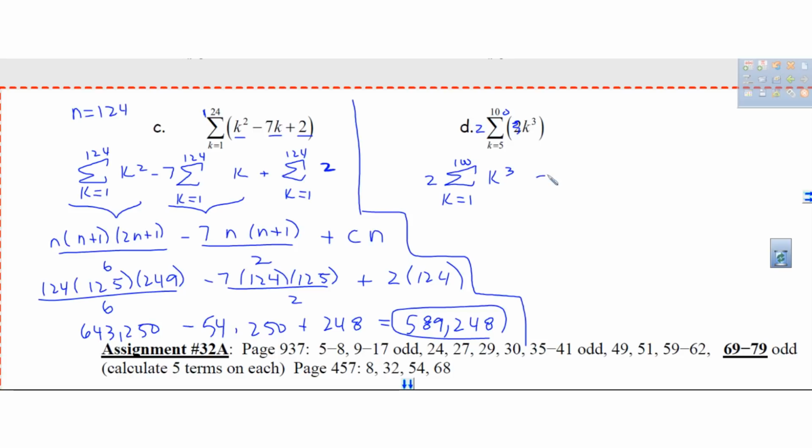So now I'm going to subtract the summation of k equals 1 to k equals, what's the last one I subtract? If I want to start at 5, go to 4. Don't subtract out 5 because 5 needs to be there, of k to the third. So I did all of 1 through 100, and then I took out the 1 through 4s. That's going to give me the 5 through 100s.